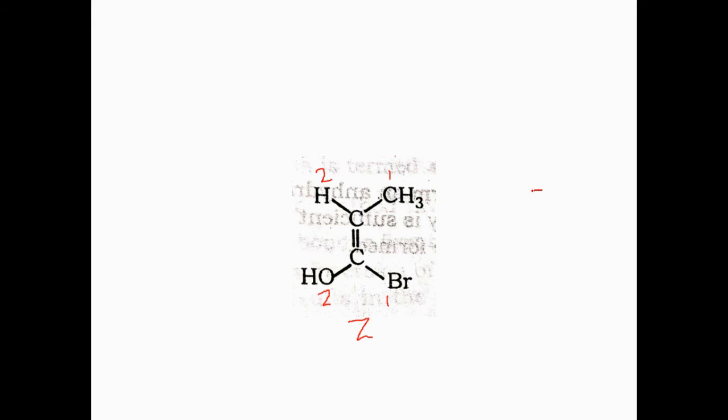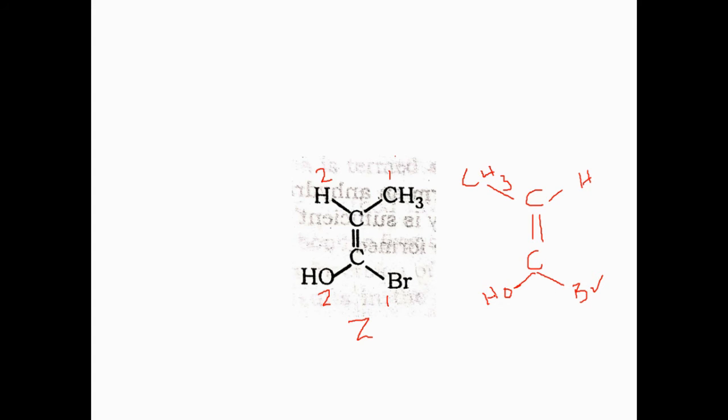Next, we can draw the E configuration of the molecule by changing the position of the atom. By changing the hydrogen position, hydrogen is here and CH3 is here. Here is bromine and here is the hydroxyl group.